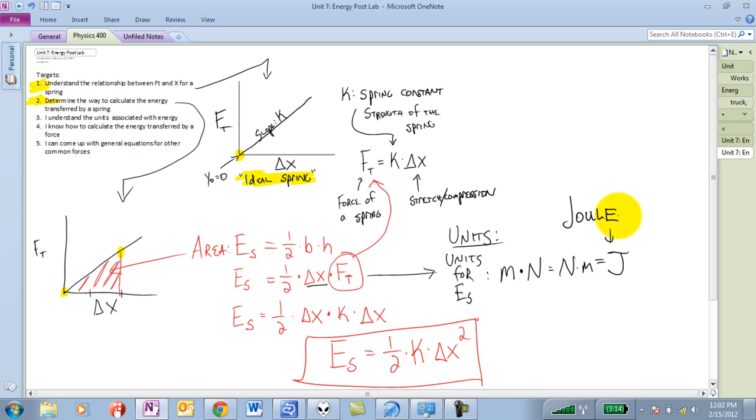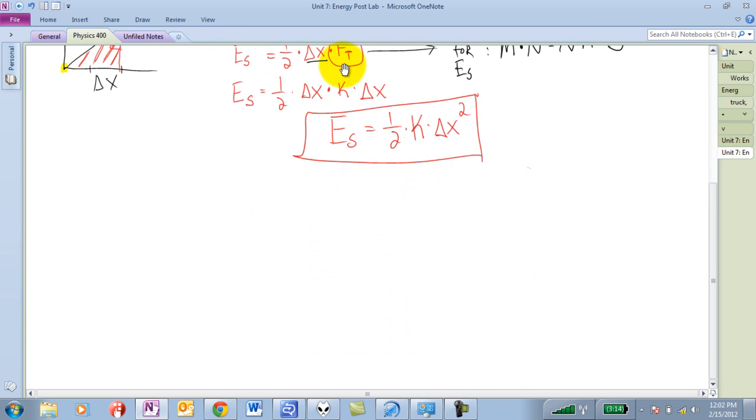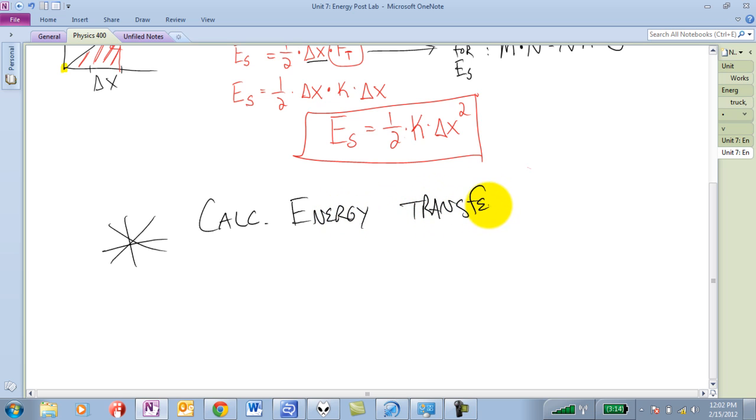In target number 4 up here, it says, I know how to calculate the energy transferred by a force. What we have really done here, and this is the final general main idea for this lesson today, is to calculate the energy transferred by a force.